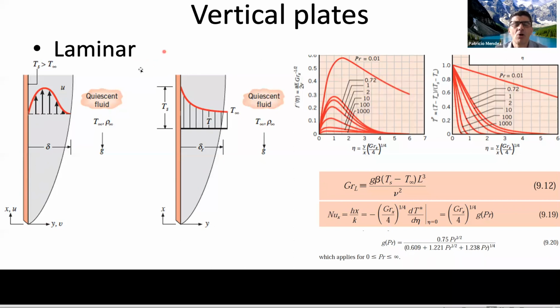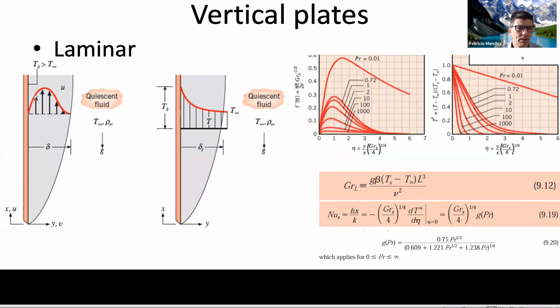Externally, there is no velocity imposed. So when we go really far away from the plate, the velocity, what would be the u infinity, is 0. And on the plate, we also have a velocity that is 0. Somewhere between the plate and infinity, there is a velocity that is not 0, and this is the shape of the velocity profile. We have 0 velocity in contact with the plate.